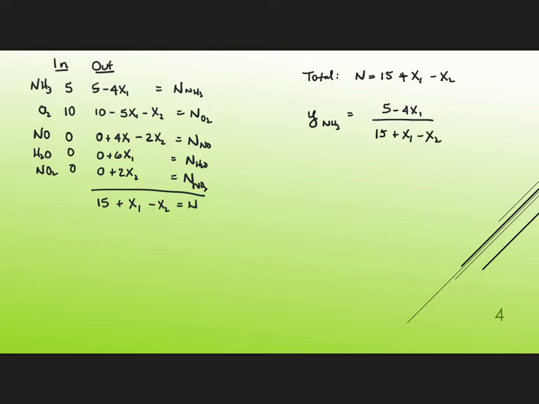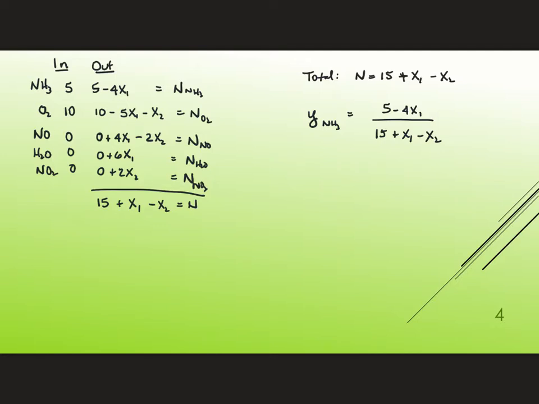And I could do that for any of my species. I have two unknowns here, x1 and x2, and so I could use that in solving a problem once I had enough information to know where it's going to stop.